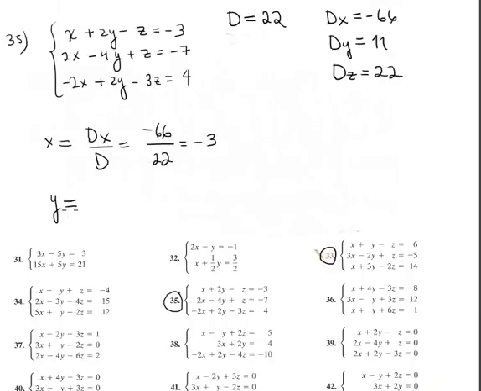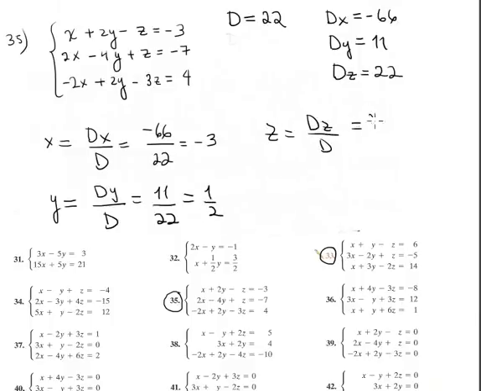Y is equal to dy over d. Dy is 11 divided by 22, which is 1/2. And z is equal to dz over d, which is 22 divided by 22, again 1. Now the solution is minus 3, 1/2, 1. It's an ordered triple that satisfies this system.